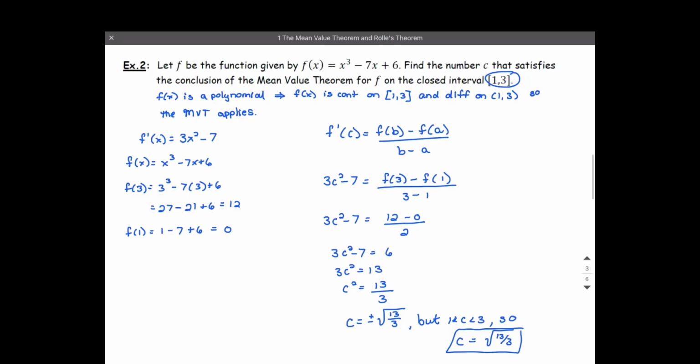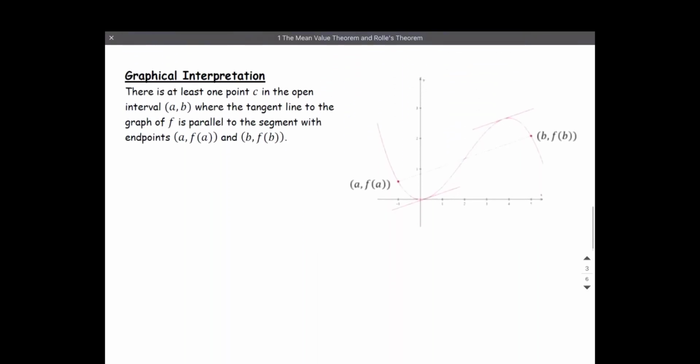There you go. So again, just to remind you about the graphical interpretation, mean value theorem says there's at least one point c in the open interval from a to b where the tangent line to the graph of f is parallel. Remember, parallel means same slope to the segment with endpoints here, and that's the secant line.